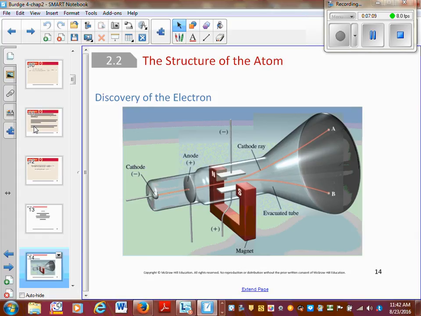Remember those big bulky things? CRT monitors. Guess what CRT stands for? Cathode ray tube. So that's what you had in there. And it's an evacuated tube, which is why if you ever broke a picture tube on a TV, you got this big kaboom because you released that vacuum.